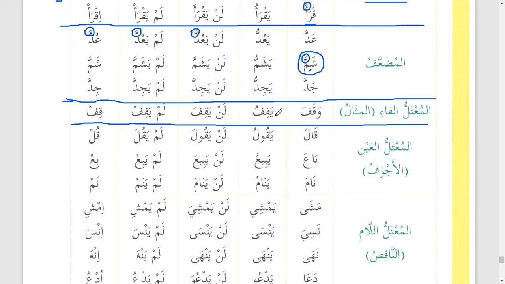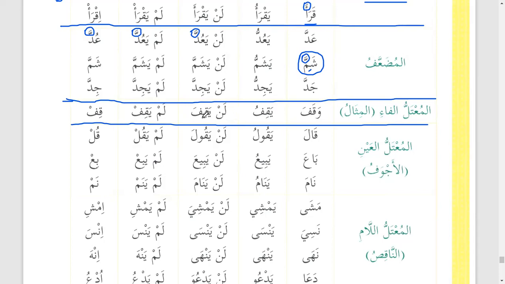That is the only change that you need to remember, that in the mudari, the waw gets dropped. So it is yaqifu. Now you see here 1, 2, 3, we have 3 letters. Normally we should have 4, so that means 1 letter has been dropped.